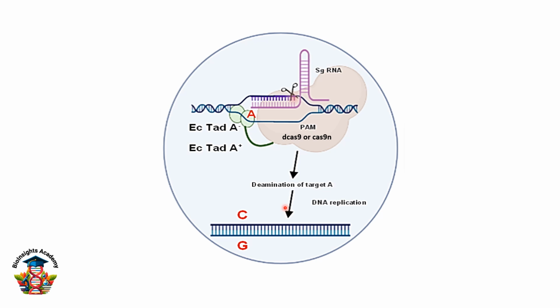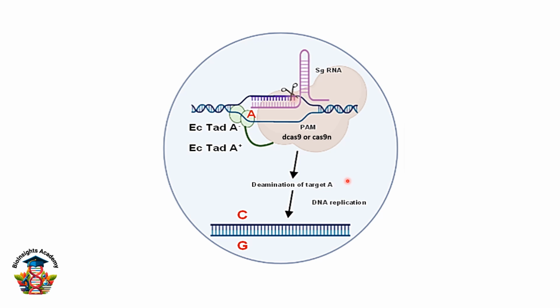The adenine deaminase converts an adenine base in the target DNA strand to inosine. So during DNA replication or repair, the cell's machinery recognizes inosine as guanine, resulting in an A to G and T to C base change on the complementary strand. If the target site initially had an AT pair, it will be converted to a GC pair.